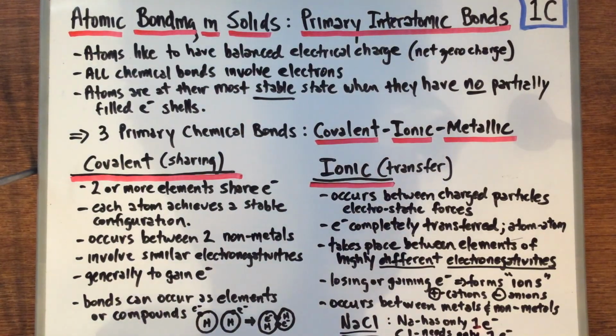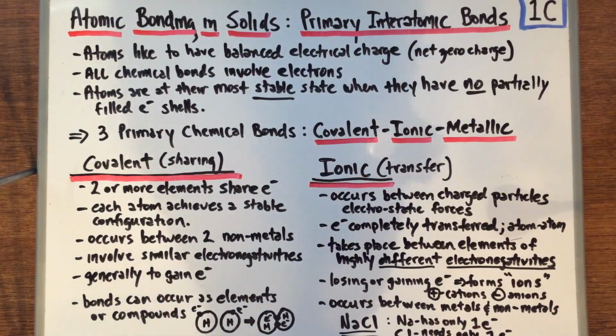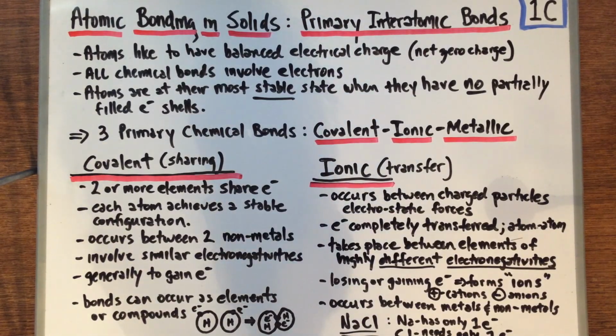Okay, welcome back to our final discussion in this particular chapter on chemical structure and interatomic bonding. This will be our final topic area on atomic bonding in solids, or what we're going to be calling the primary interatomic bonds.